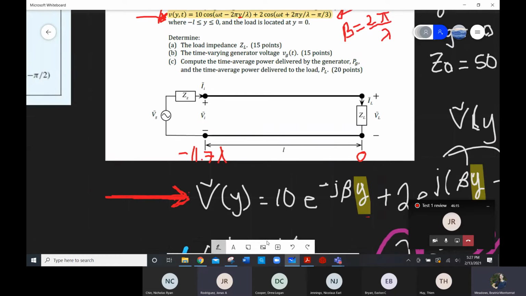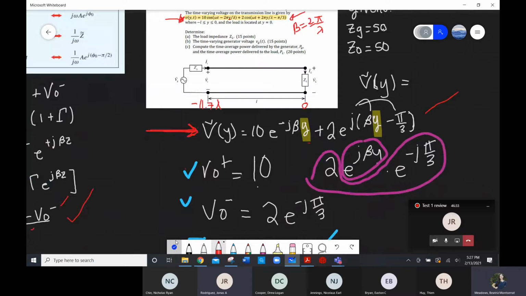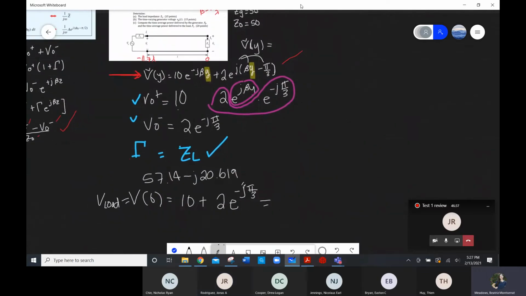Having this equation is gold because you can find your V in by replacing here minus 11.7 lambda. Obviously, the lambdas will cancel. Is this making sense? Mostly, yeah. Because this is what you're going to be doing on your test: trying to find this guy here and plugging in the locations that you need.